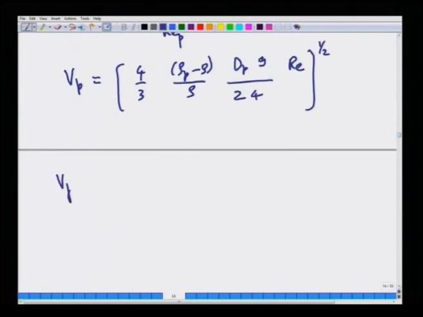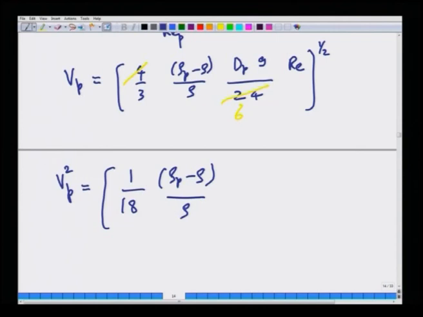So, Vp is nothing but, or we can square the entire expression, Vp squared is nothing but, okay, we will get, okay, so you have 4 6, so you get 18 here, so you have 1 over 18 times (rho p minus rho) divided by rho, times dP g, times, you have to substitute for Reynolds number.